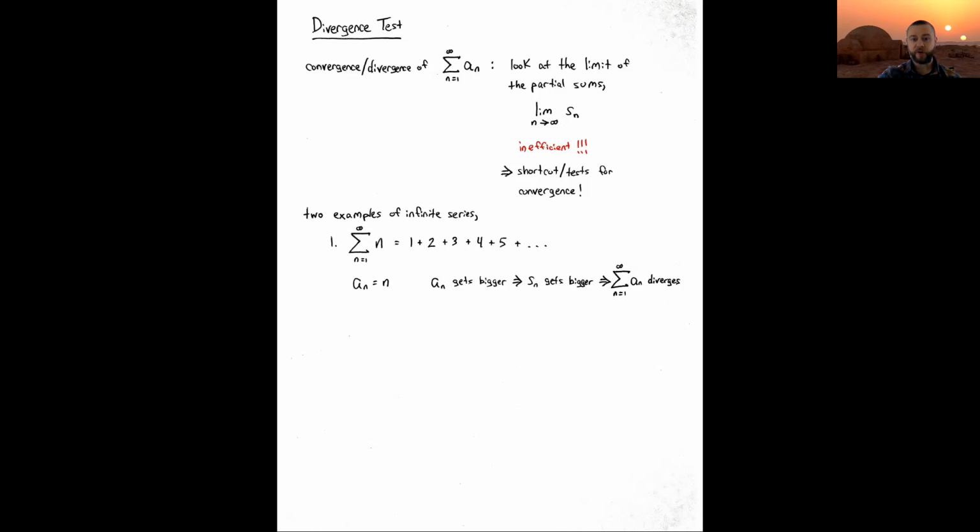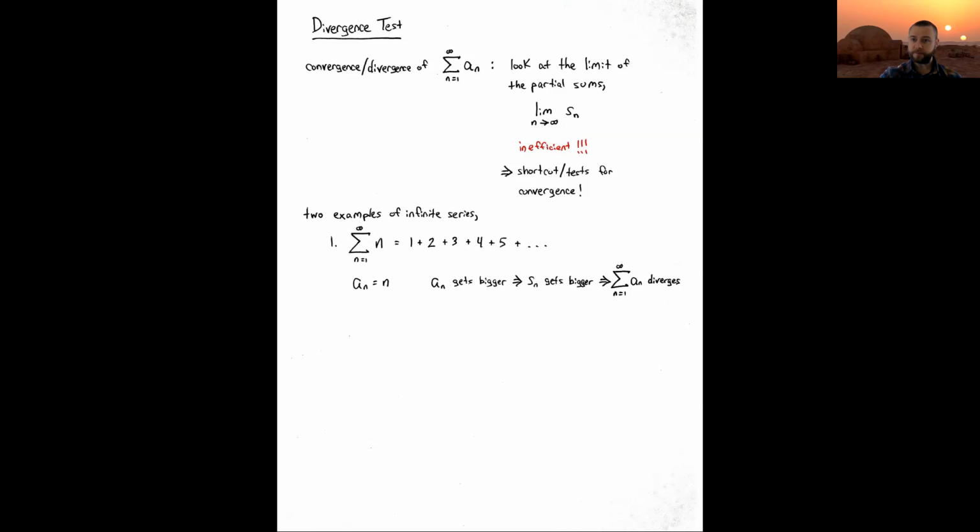So thinking about this a little bit differently, although we have to be careful with our intuition when dealing with infinities in mathematics, especially infinite series, we do see here that as A sub n gets bigger, the sequence of partial sums gets bigger, leading us to conclude that this infinite series diverges.